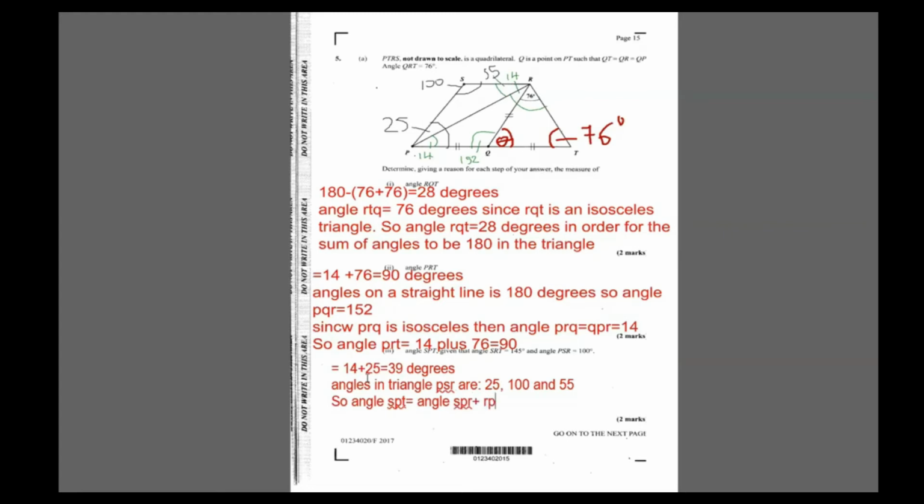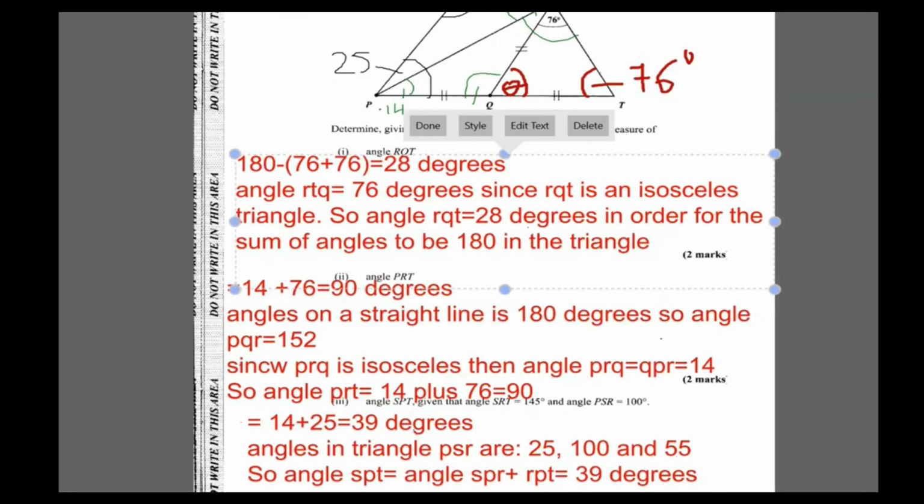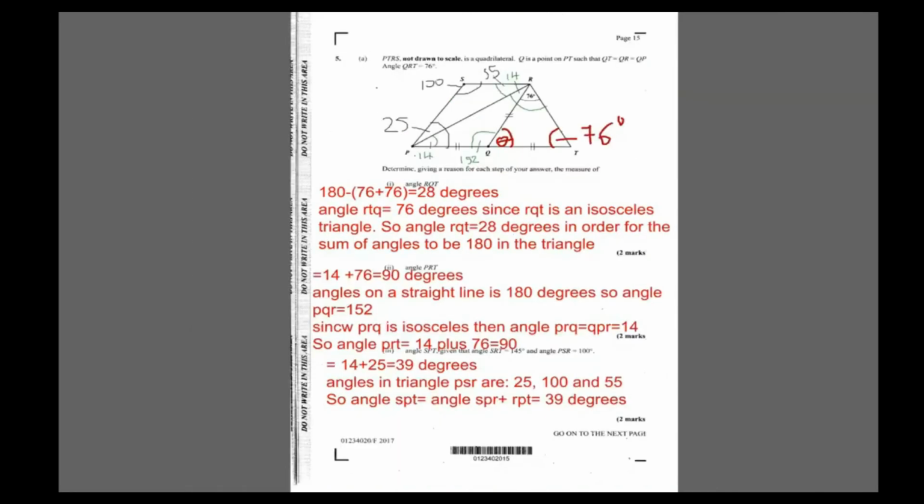All right, so add up those two angles and we get our 39 degrees. Nice and easy. And that's how we get 39 degrees. This question, so soft, so easy, so nice. And that's the first part of question 5.